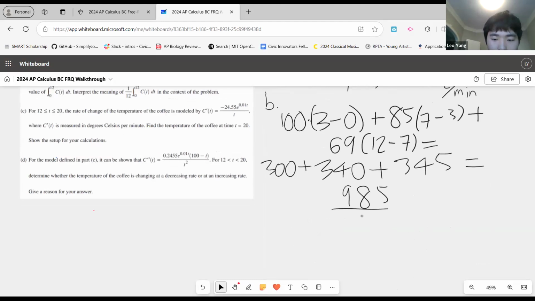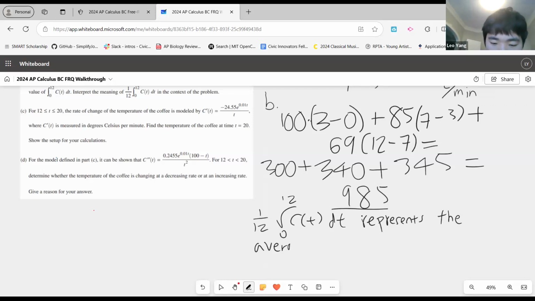So 1/12 times the integral from 0 to 12 of c of t dt represents the average temperature of the coffee in degrees Celsius.